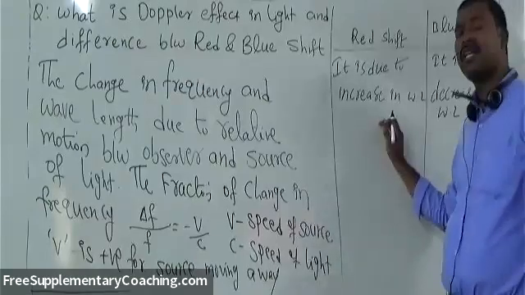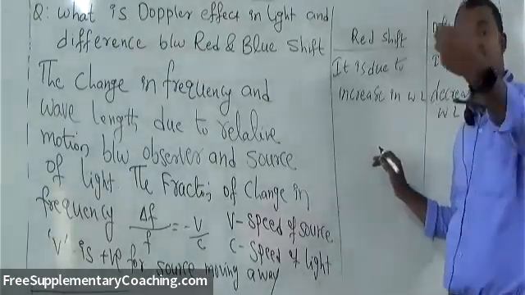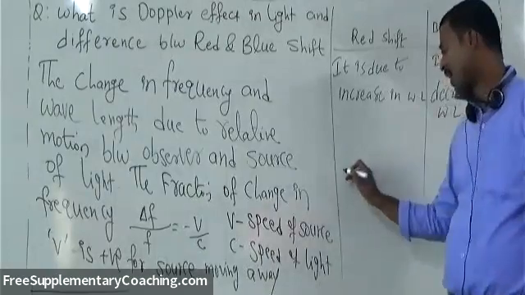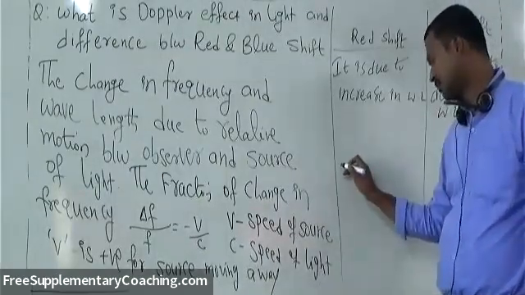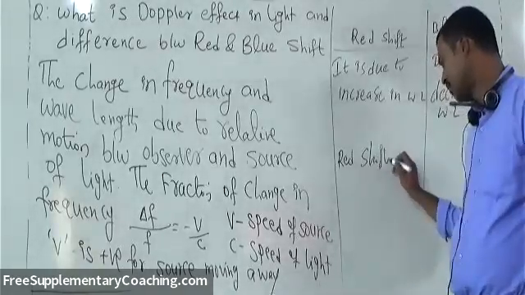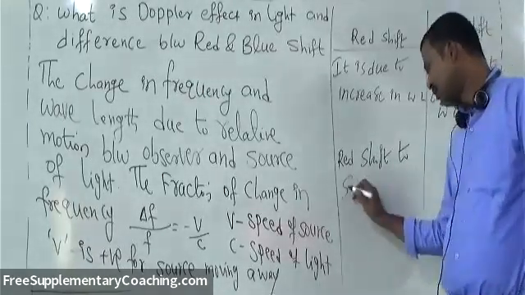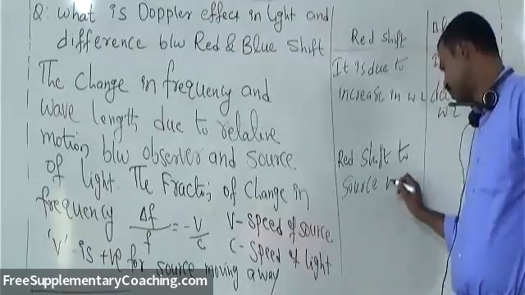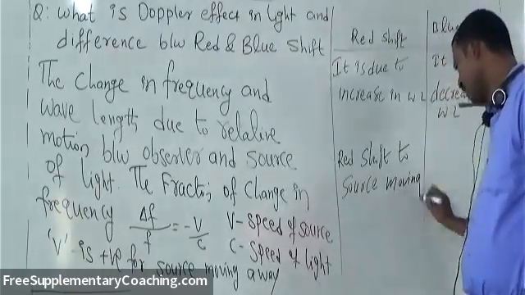Next, why is there an increase in wavelength? Because the source is moving away. So red shift is due to the source moving away.